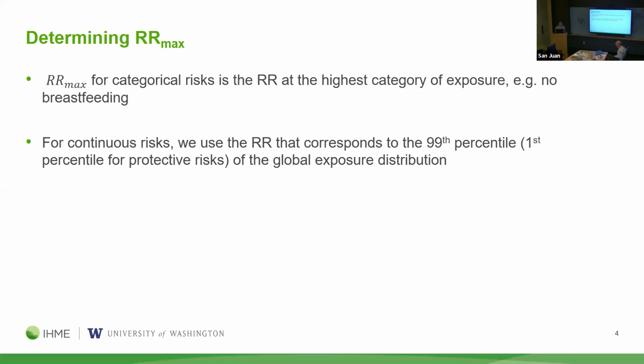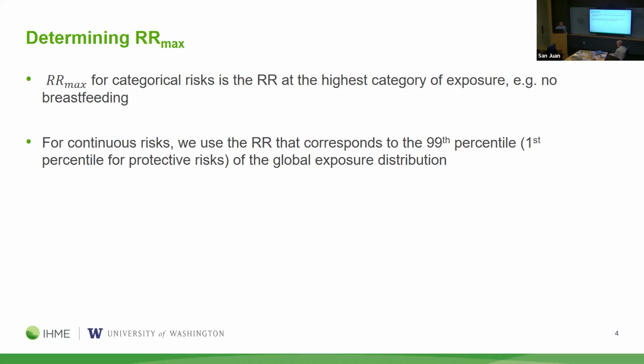The question is what we do for continuous risks, where those risk functions continue all the way out to infinity. For continuous risks, we estimate the maximum relative risk by taking the relative risk that corresponds to the 99th percentile of the global exposure distribution.